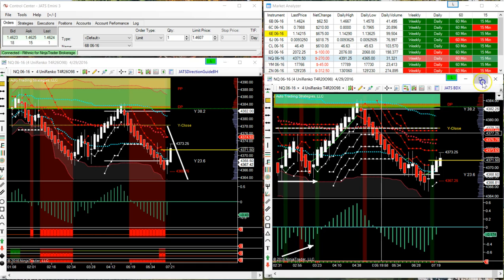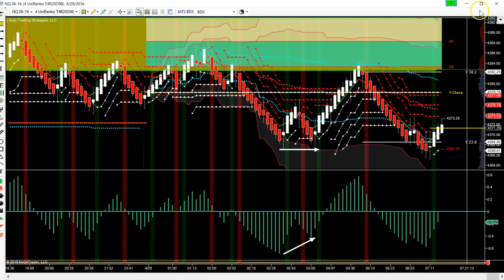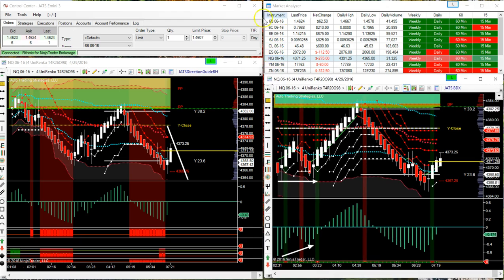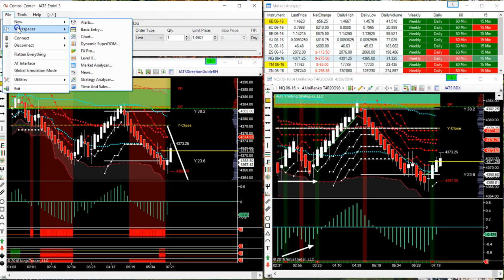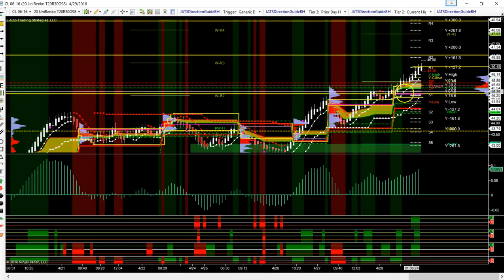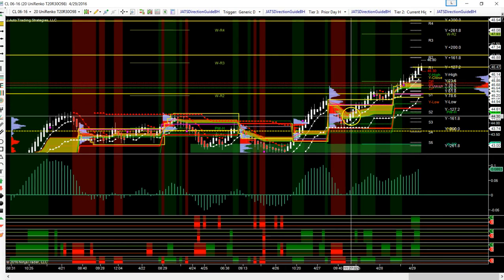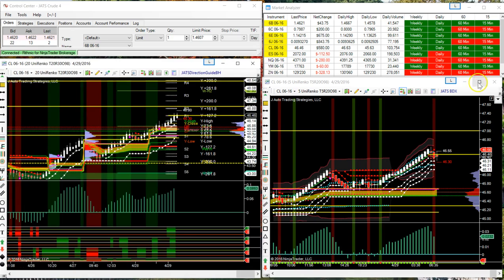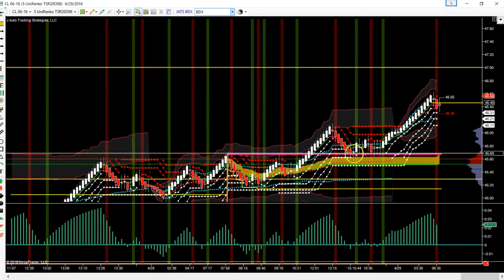Because clearly, as I'm showing you, once you find a market that's trading the way it should be trading and you have your levels down correctly, you can come in and out of these trades. You know what direction to trade, drop it down to a smaller time frame, and just hit the longs.